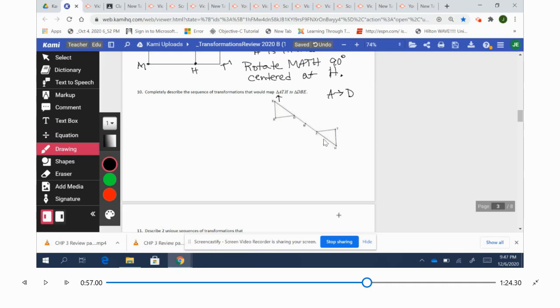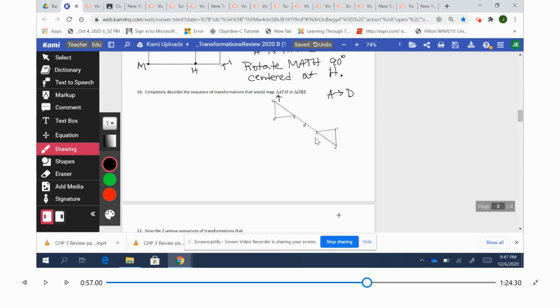Step 2, we're probably not going to translate because this is a rare case where it looks like we already have the center of rotation. If we use a 180 degree rotation centered at H, A will go right to D, which it's supposed to. And to me, it looks like H is going to go to E, which it's supposed to.